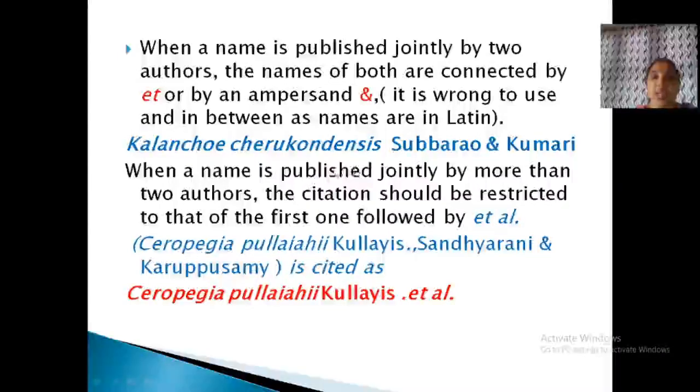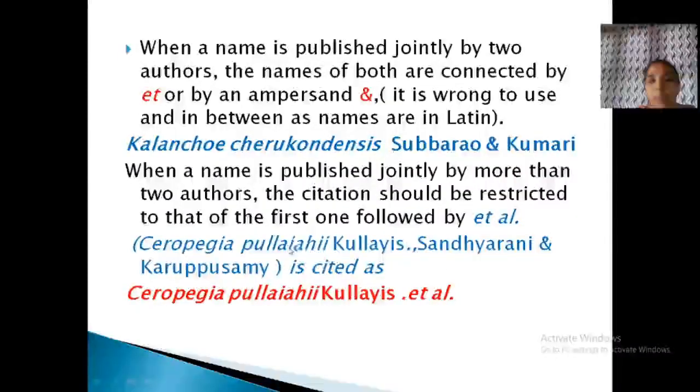When a name is published jointly by more than two authors, how will you cite it? Citation should be restricted to the first one followed by et al. Example: Ceropegia pullaiah, by Kullaiswamy, Sandhyarani and Karuppusamy. Three are there.